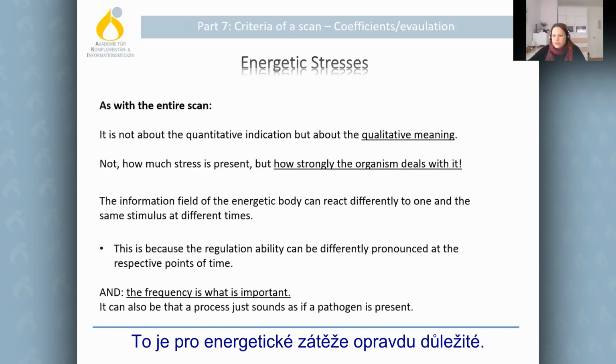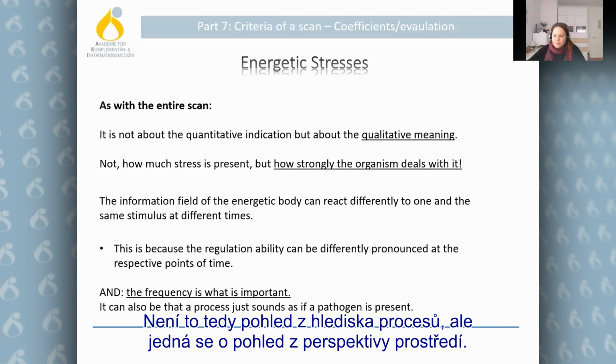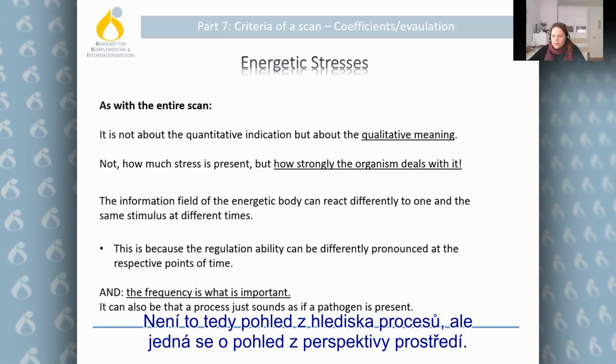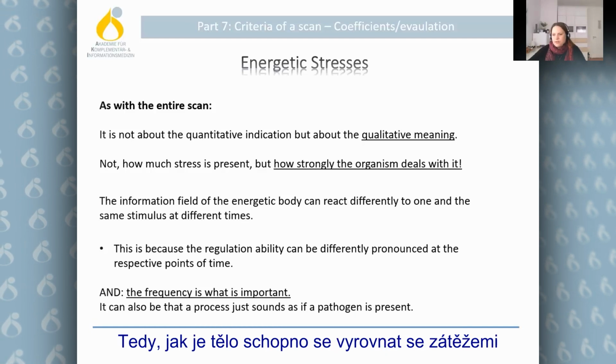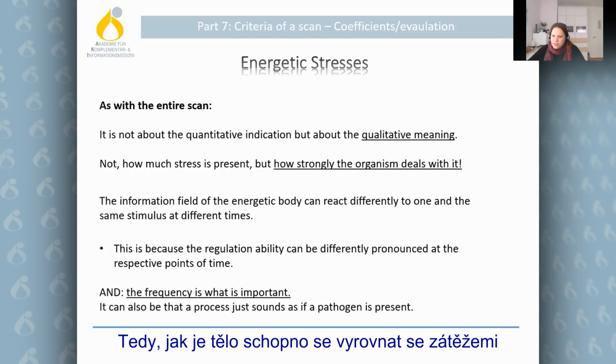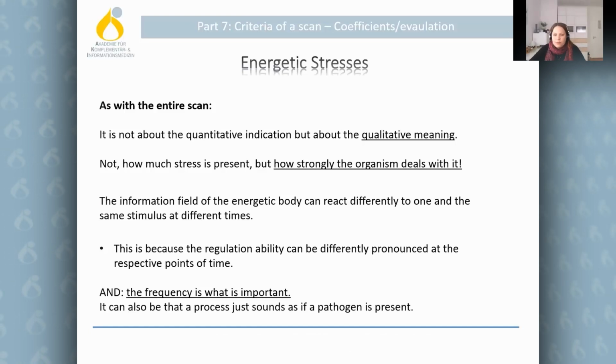So this is where the energetic stress is really important. It's not the process perspective, this is really the milieu perspective. So how able is the body to deal with stressors, and which stresses it fights against at the moment.